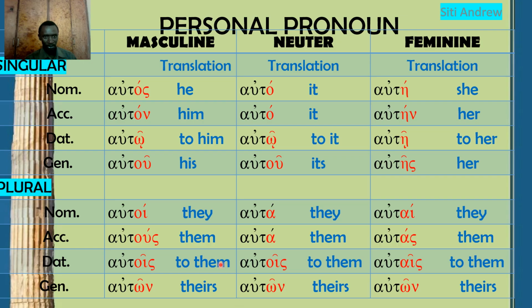So you are able to see all this and how it goes. This is singular, but this is plural. That's the reason: he, then they, him, them, to him, to them, his, theirs. So the endings are just the same.